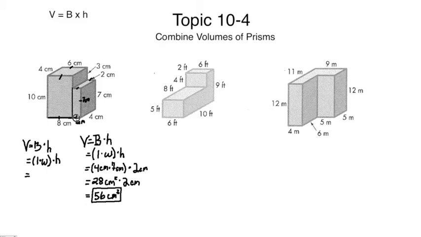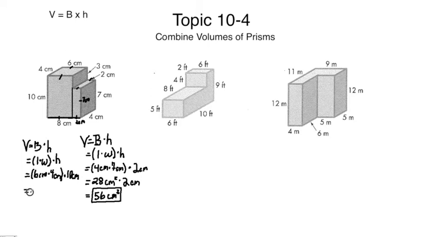This whole length is 8. This part's 2, this part would be 6. So I'm going to plug in this part. I'm going to go the length as 6 centimeters, multiply it by the width of 4 centimeters, and multiply it by the height, which is 10 centimeters.